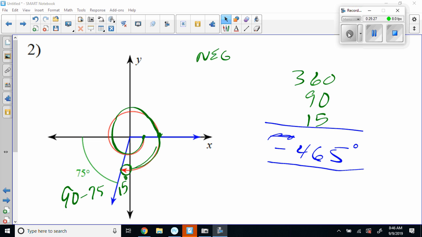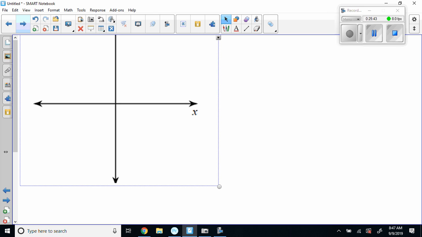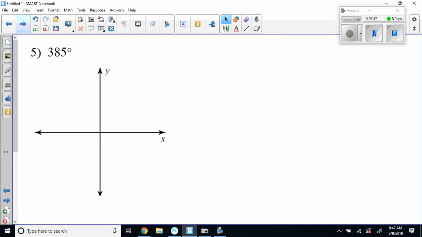What does it say for number 5? All right, so now we're going to have you draw the angle, right? Number 5 is 385 degrees. So I need you to take 30 seconds and let's see if you can draw this angle. Go. It's in the positive direction, right?